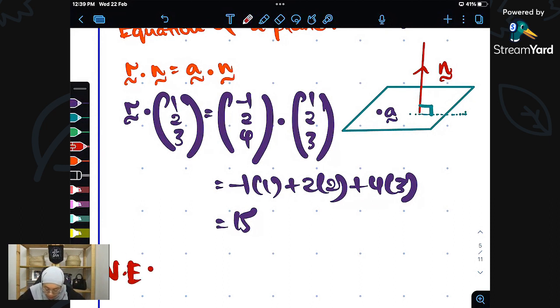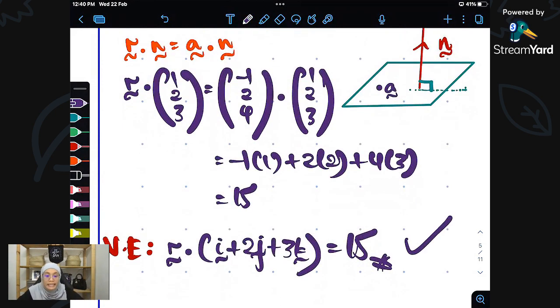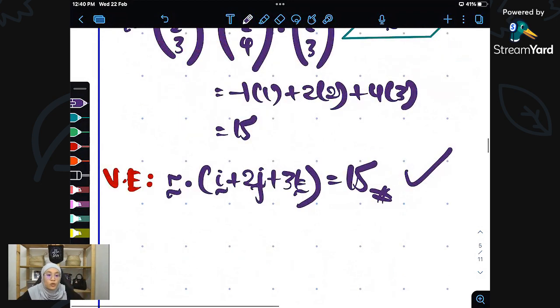So let me write down, this is my vector equation. It is supposed to be r dot with i plus 2j plus 3k, and then we put it equal to 15. So inilah cara yang terbaik untuk menulis dalam bentuk vector equation of plane. Remember this is of plane ya, bukan line.